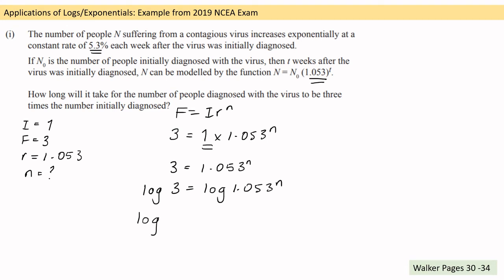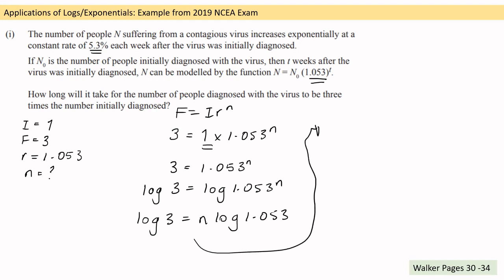Then the N can come to the front using our log rules. Okay, divide both sides by the log of 1.053. We get log 3 divided by log 1.053 equals N.